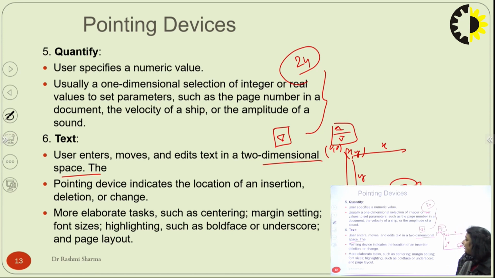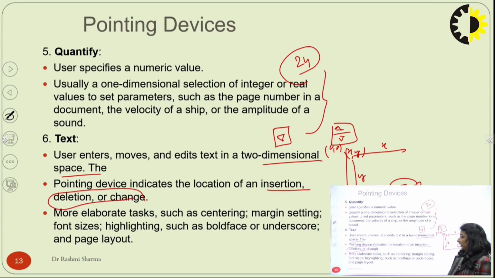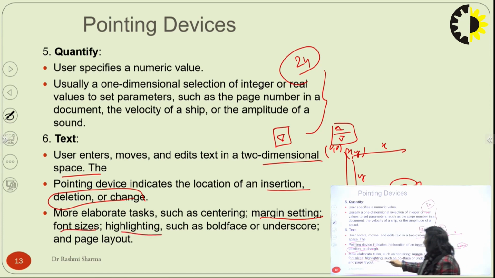Pointing devices indicate the location of an insertion, deletion, or updation. So more elaborate tasks such as centering, margin setting, font sizes, highlighting, boldface, underscore, and page layout are all things which we usually have for our pointing device.